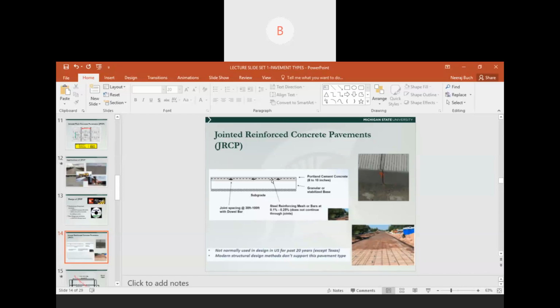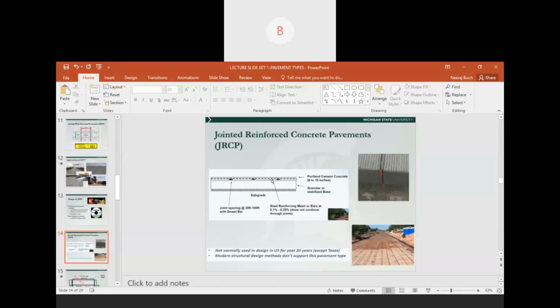The second difference is that because it is called a jointed reinforced concrete pavement, there is a reinforcement mesh in the body of the concrete. And the purpose of that reinforcement mesh is not for structural purposes. It is not structural steel. It is steel to counter the temperature stresses that can cause expansion and contraction in a concrete pavement.